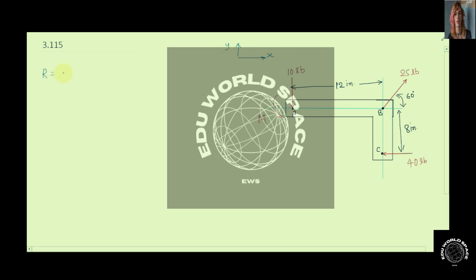We can write all the forces in i cap and j cap components. This 10 pound force is in minus j cap, so this will be minus 10 j cap. This 25 will have components in x and y axis as plus 25 cos 60 i cap plus 25 sin 60 j cap.